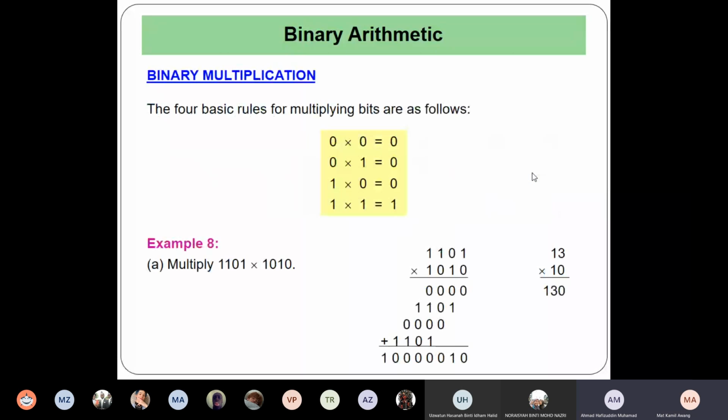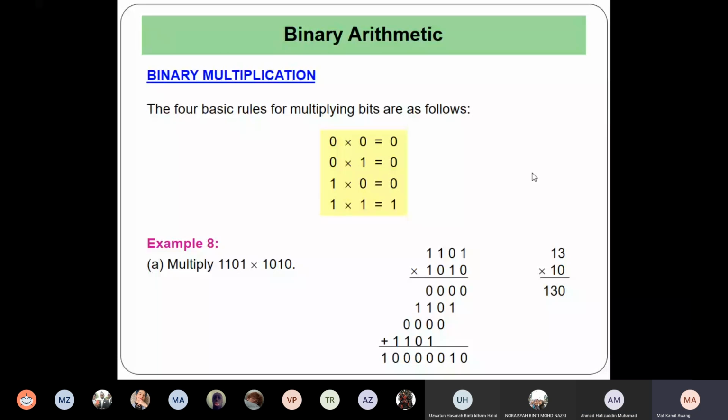Now, we have done the addition. We have done the subtraction. Now it's multiplication. This is how you multiply two binary numbers. The 4 basic rules for multiplying bits are as follows. 0 multiplied by 0 is 0. 0 multiplied by 1 is 0. 1 multiplied by 0 is 0. 1 multiplied by 1 is 1.